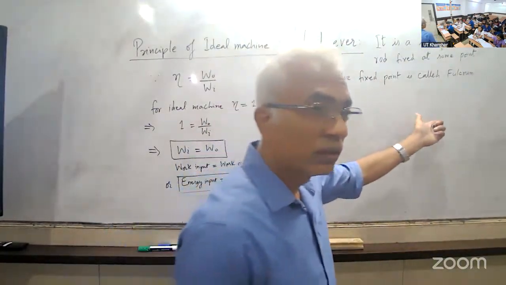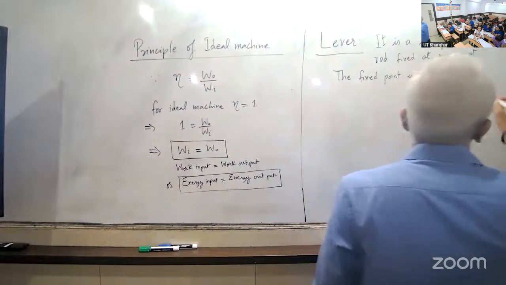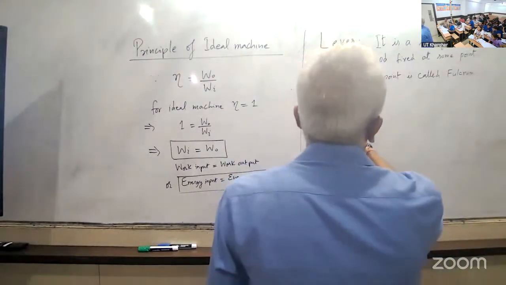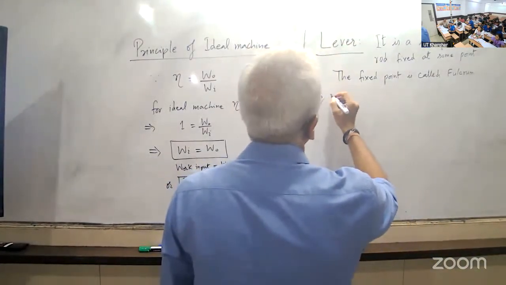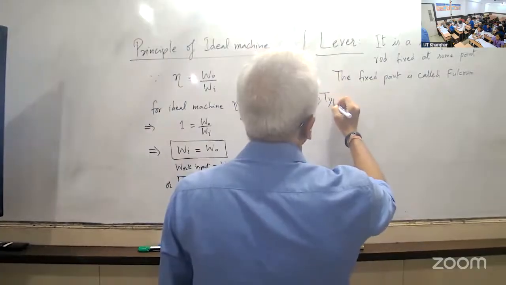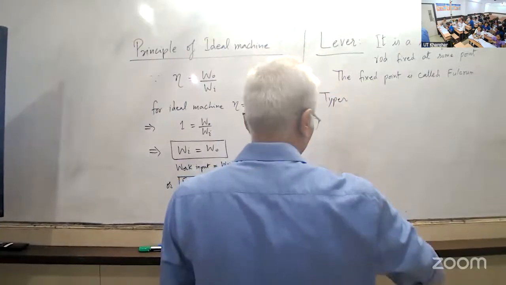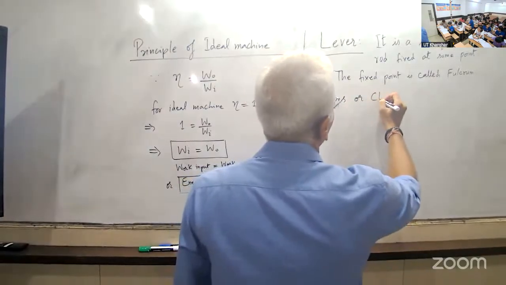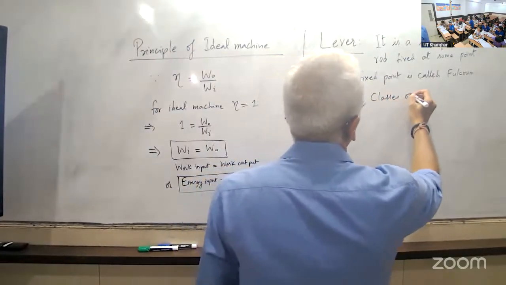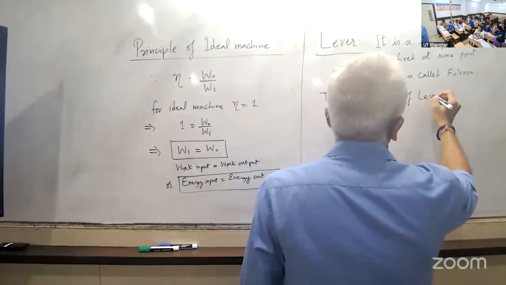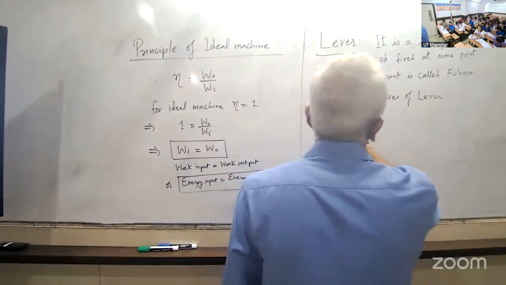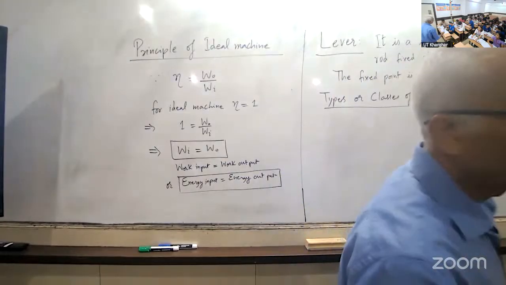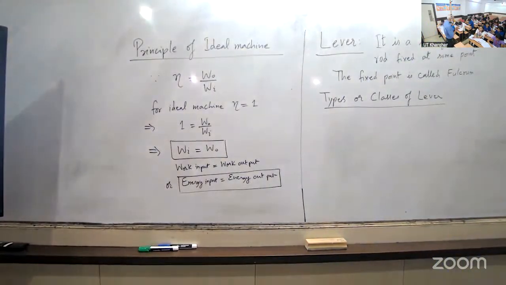Fulcrum. So types or classes of lever. Okay? Depending upon where the fixed point is, we have three categories of lever. So class 1.